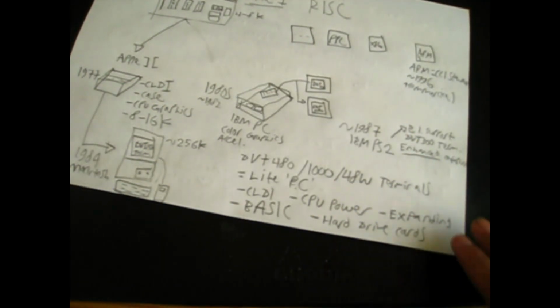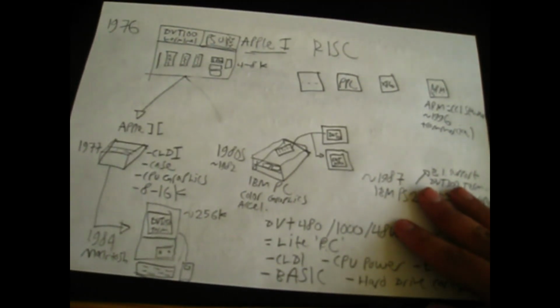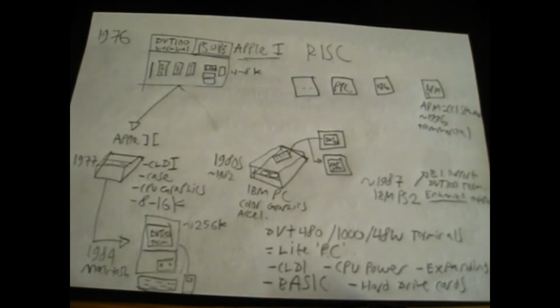And modifications that would allow older terminals to become compatible with newer standards. For instance, a DVT 300 terminal could have been modified to handle DVT 480, and a DVT 480W terminal could have been adapted to handle DVT 1000.